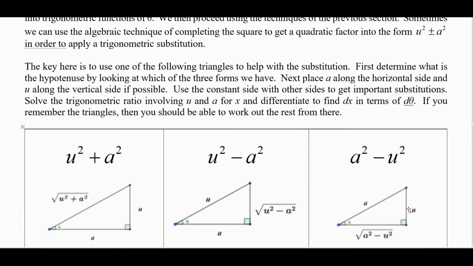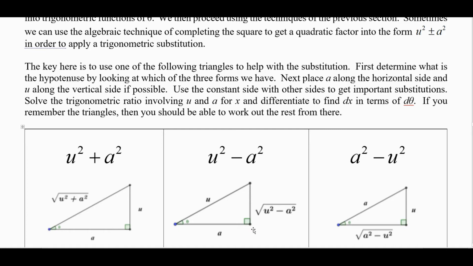Remember, we said use u on the vertical side when it's not the hypotenuse, and use a on the horizontal side when it's not the hypotenuse. The hypotenuse then, according to the Pythagorean theorem, is the square root of a squared minus u squared. Again, check it out. If you square this, you get a squared minus u squared. Add that to the square of this, u squared, and the u squared terms cancel. We get a squared, which is the square of the hypotenuse.